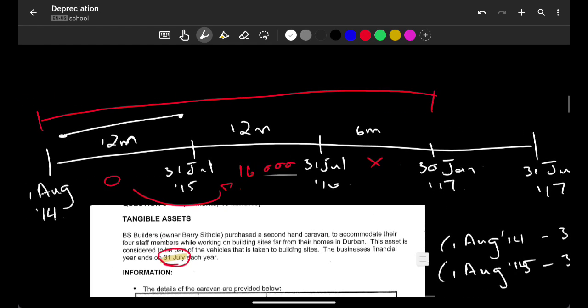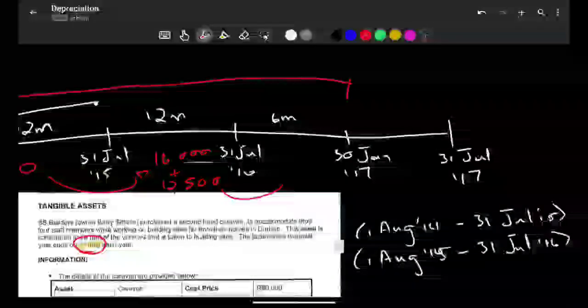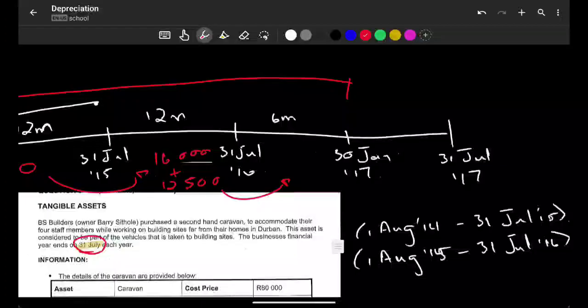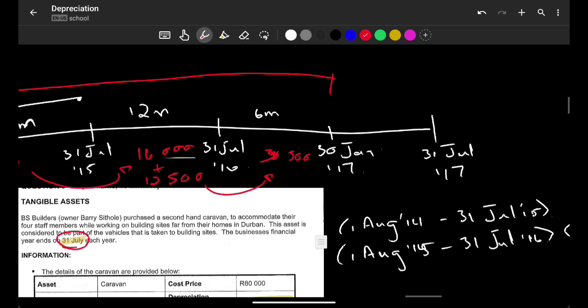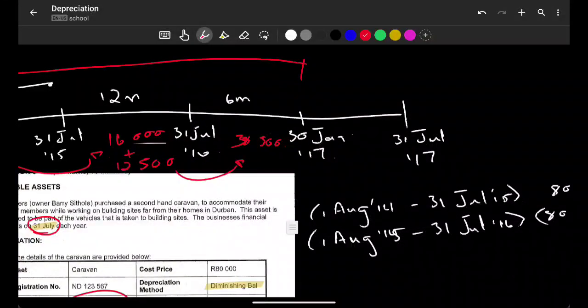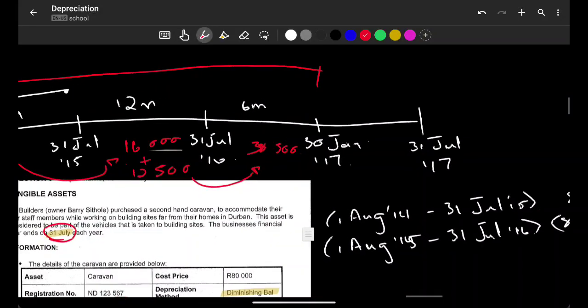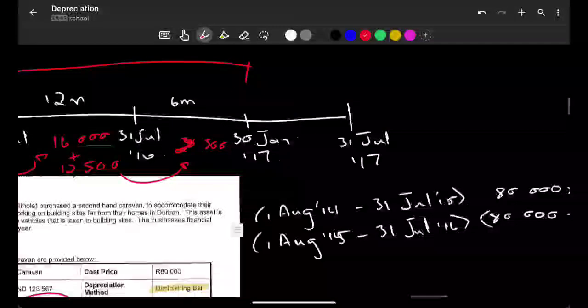Now, our accumulated depreciation at the end of this financial year will then be 16,000 plus 12,800, and that will give us our new accumulated depreciation of 28,800. I'm just checking my notes here because I've written them down. Not 38, sorry, 28,500. Now for the final year, right?